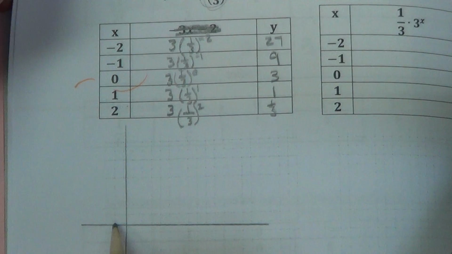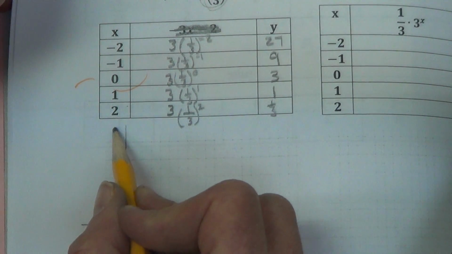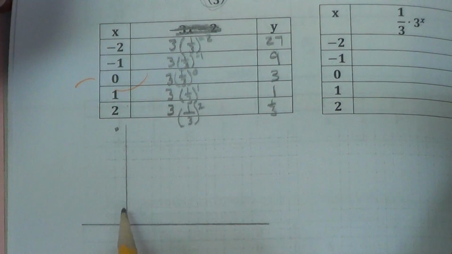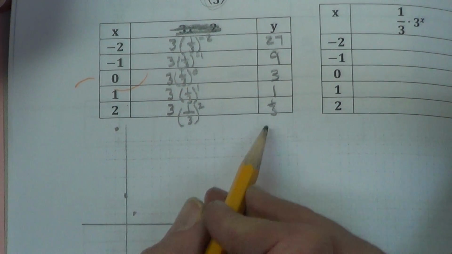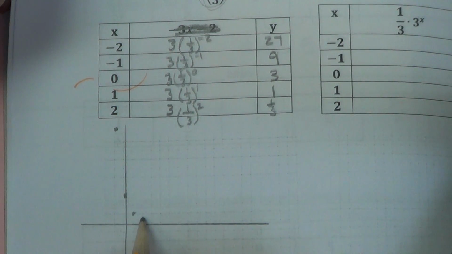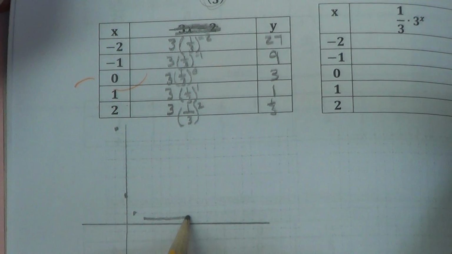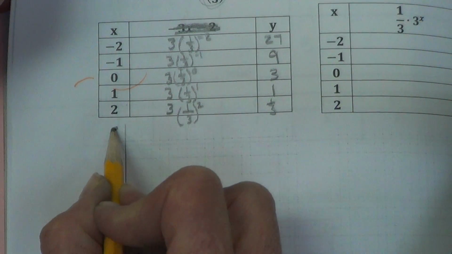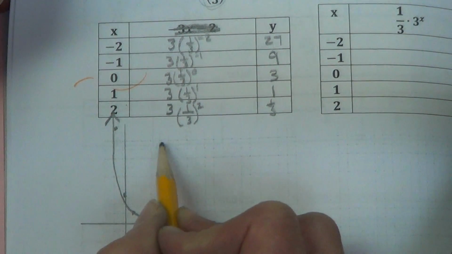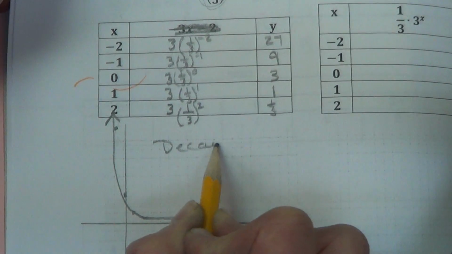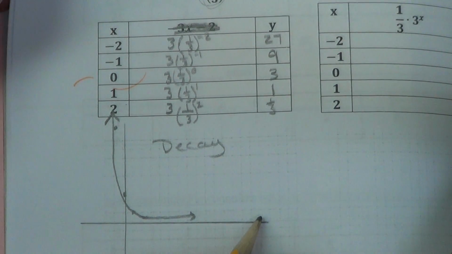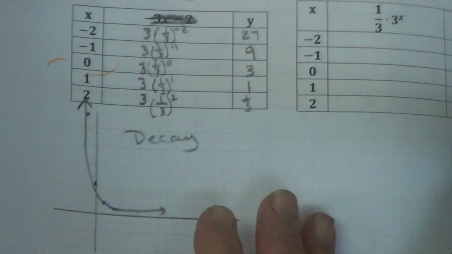At -1, we're up here at 9. At 0, we're at 3. At 1, we're at 1. And at 2, we're at 1/3. So we can start to see our curve, and that is a decay. Notice how the curve's going down over time. Time going to the right.